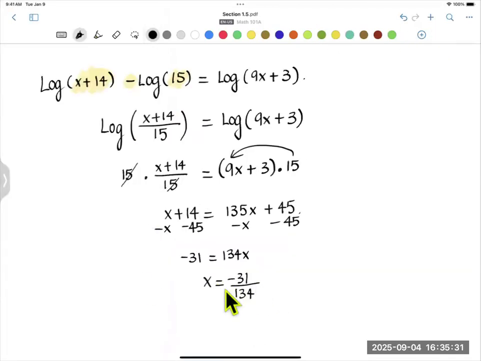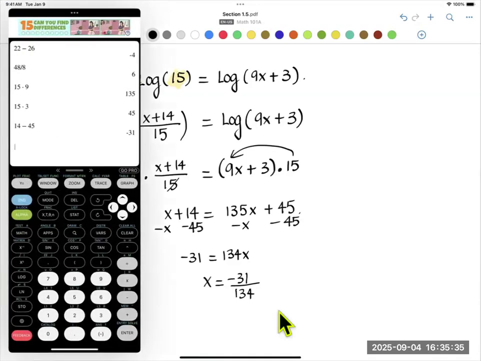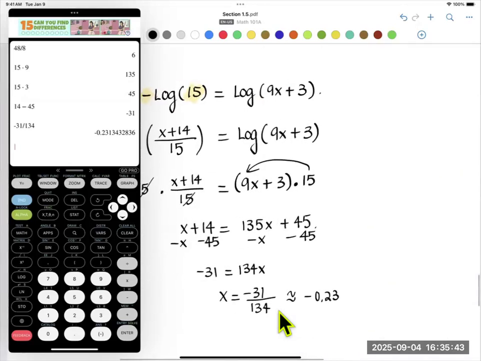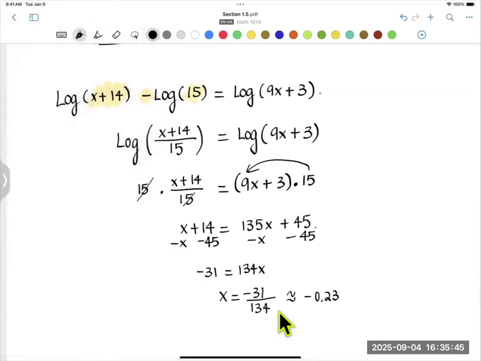All right, the number is pretty weird, but let's approximate. Negative 31 over 134 is about negative 0.23. Now we're going to compare that with the domain to see if this is the solution of our equation or not.